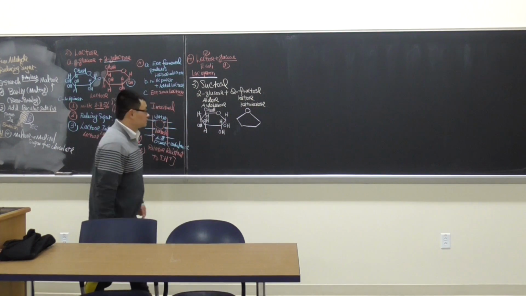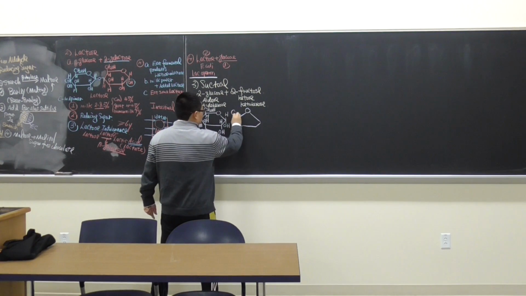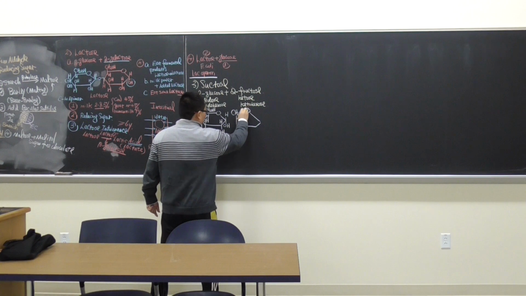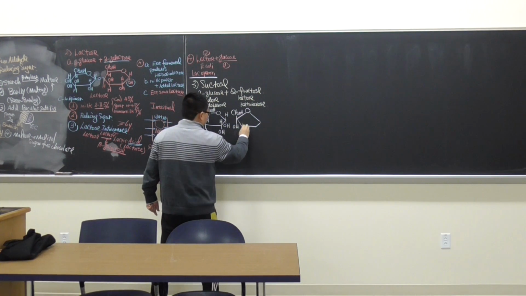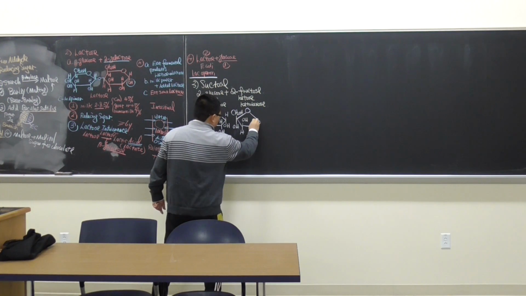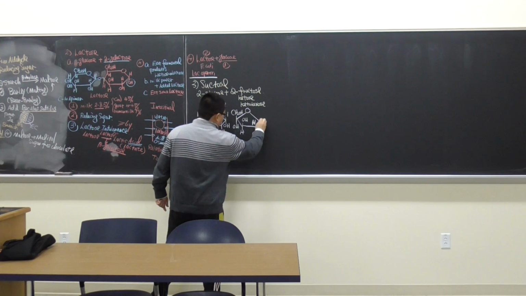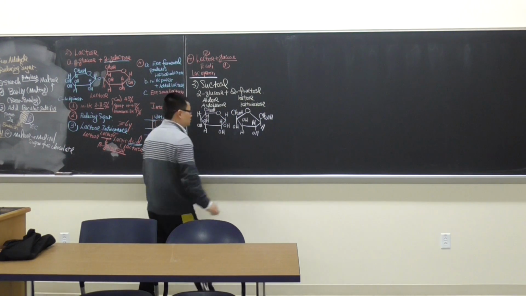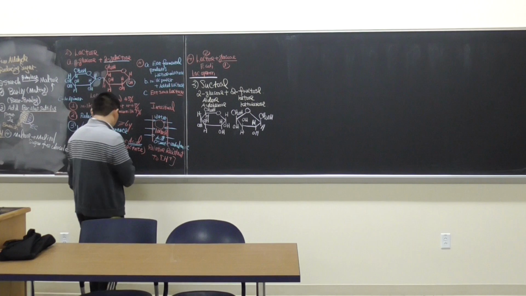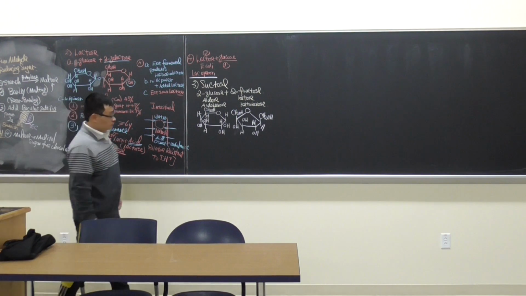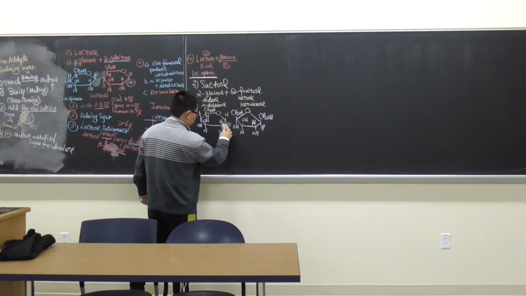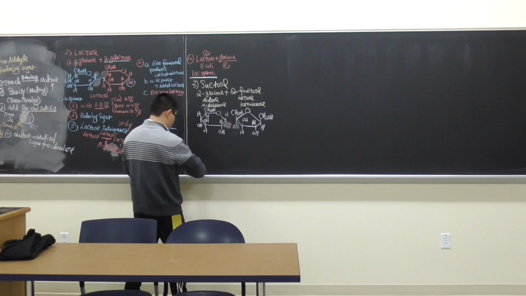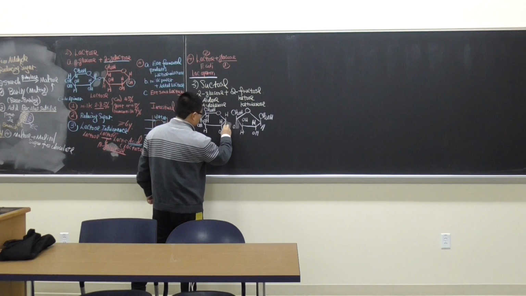It looks like that. So what about here? CH2OH. Then you become OH, H, H, OH, and then CH2OH. So how are they connected? Kind of like that.